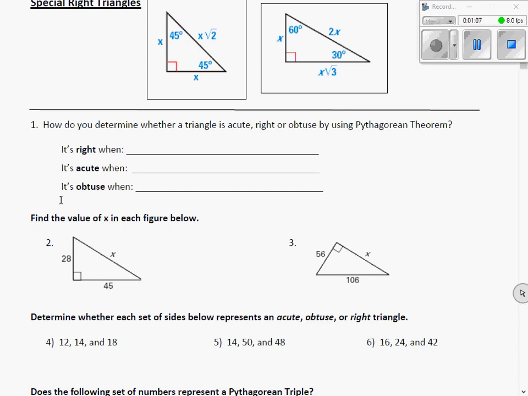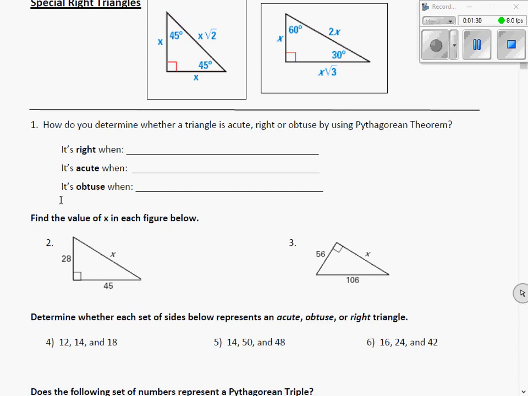But then, once you know it will, that's a different test than testing whether it's acute, right, or obtuse. When you're talking about whether it's a triangle or not, the two smallest sides have to add up to more than the biggest side. Okay?